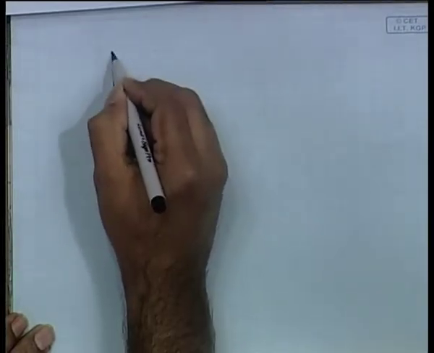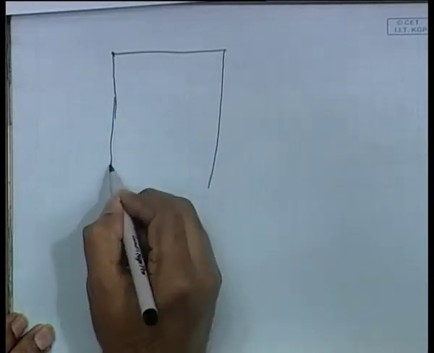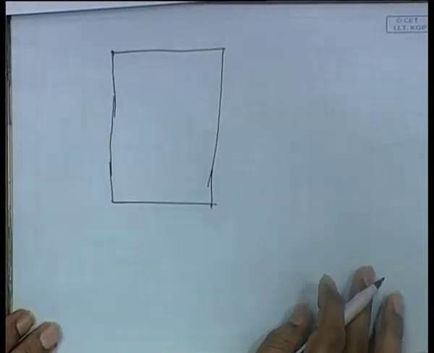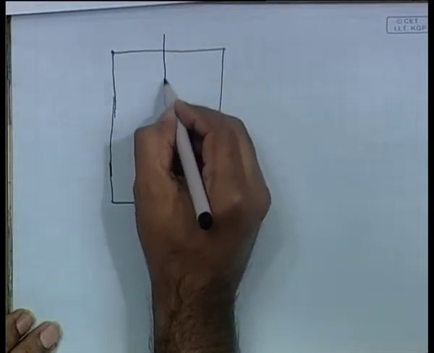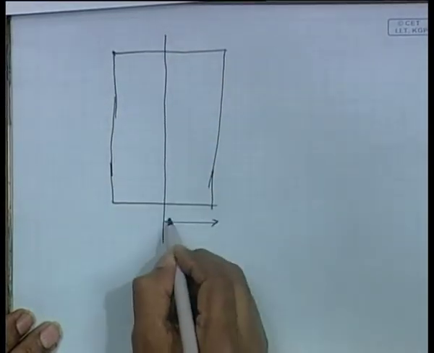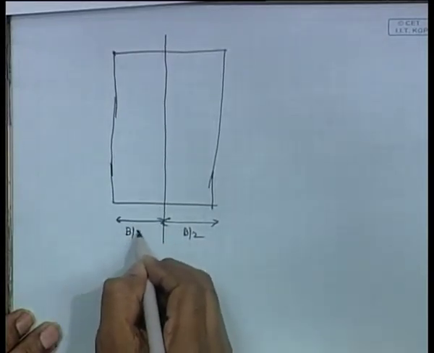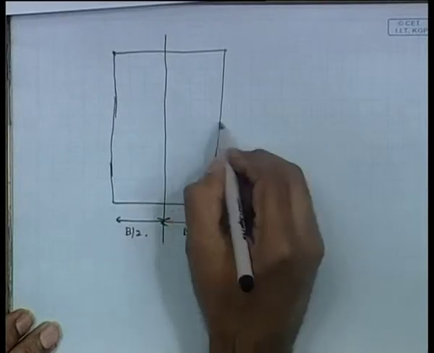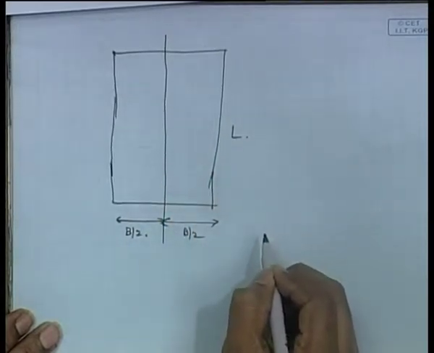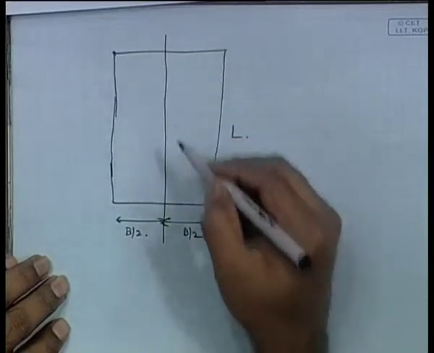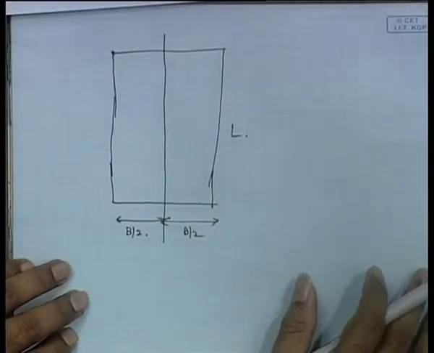Suppose you have a rectangular strip, and suppose you are told that this is b by 2, this is b by 2, and let's say the total length is L. Now suppose you have to find the moment of inertia of this area about this axis that I have drawn here. Let's do this very simple thing.